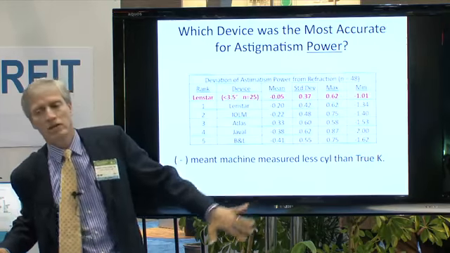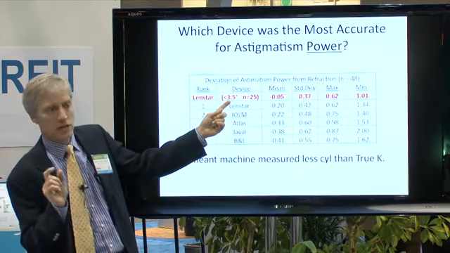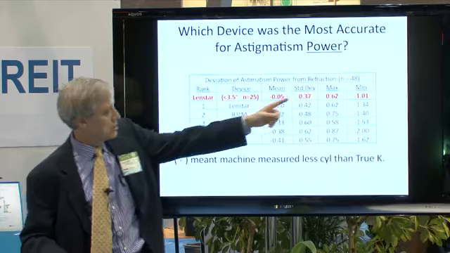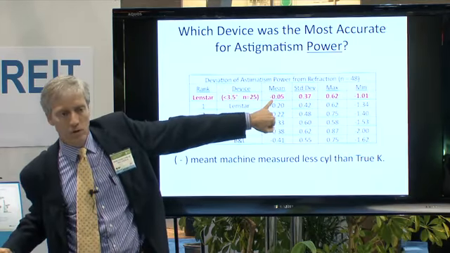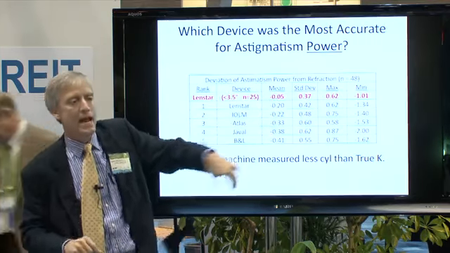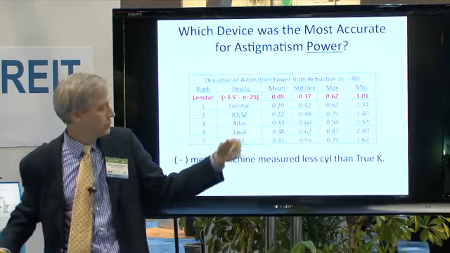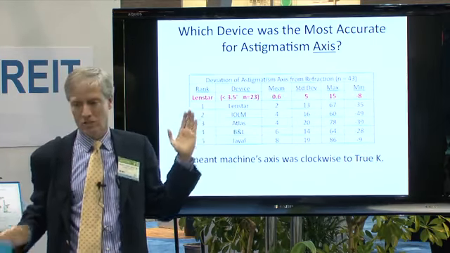So now we're going to go back and look at those other slides and see how well the selected Lenstar did. This is our group. And that number you want to be 0. That means you exactly gave the same astigmatism as what the refraction was. It came really pretty close. What about the axis?